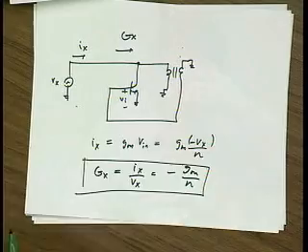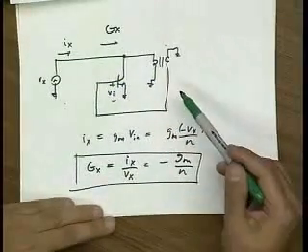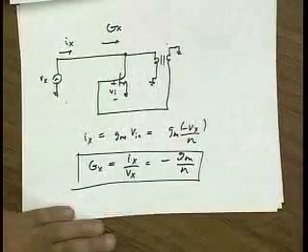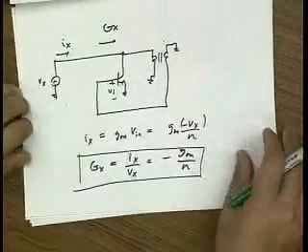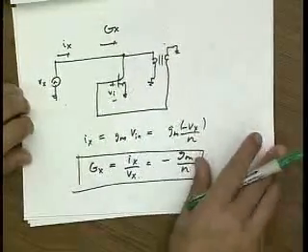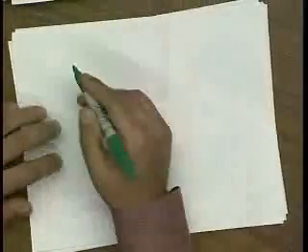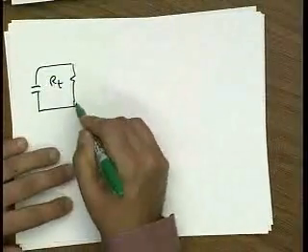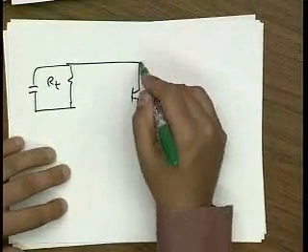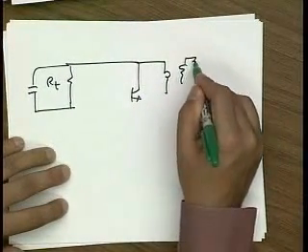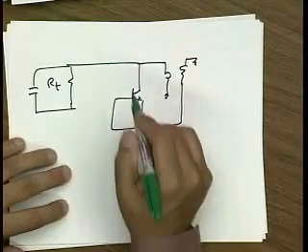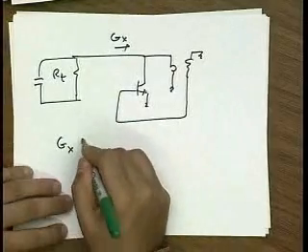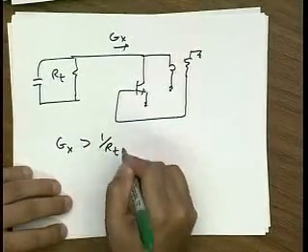So, in fact, this perspective is consistent in that this feedback is generating a negative resistance. Okay? And now the design criteria is very simple, because I can say, if I hook up RT here, let's say with some capacitance, and if this is Gx, then what I would like is for Gx to be larger than 1 over RT.